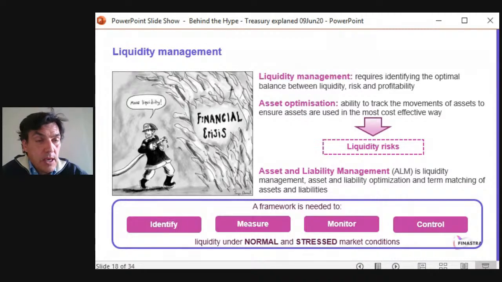So first, liquidity is always an equation, or it's always a balance between how risky you want to be, how profitable you want to be, and how liquid you want to be. Remember, liquid is about having the right asset at the right time and being trustable in the market and being in some market that are liquid. So if one of those three is not answered, then you are in a difficult situation.